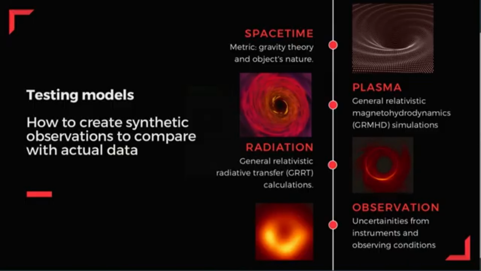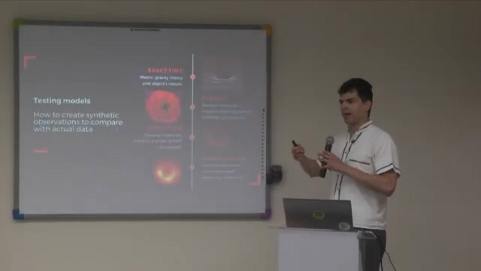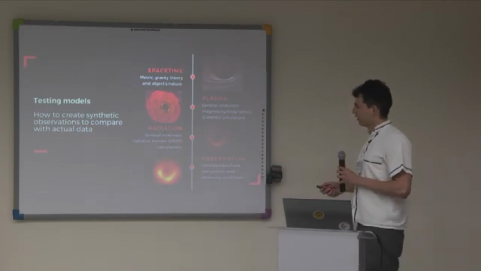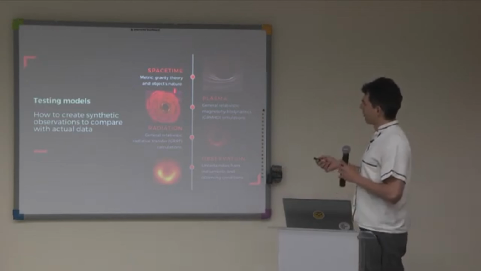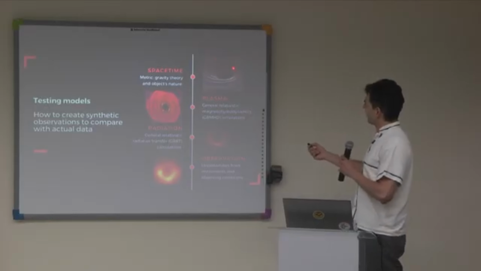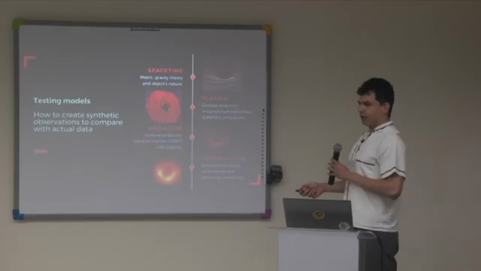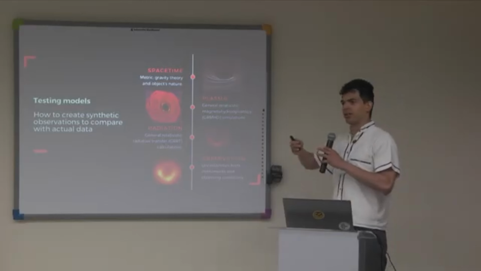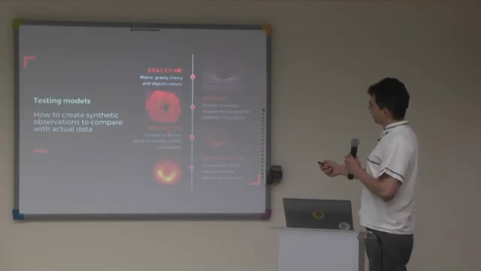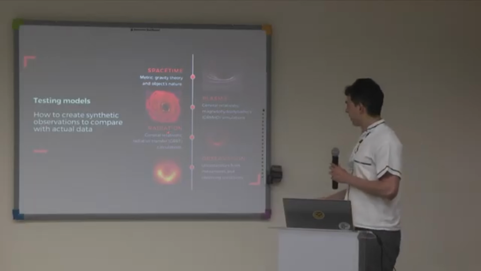So by performing this separation of time scales and length scales, one can construct a procedure to go from a space-time model into some predicted synthetic observations in which it is possible to consider every step separately. So this is how the models in the library are created.